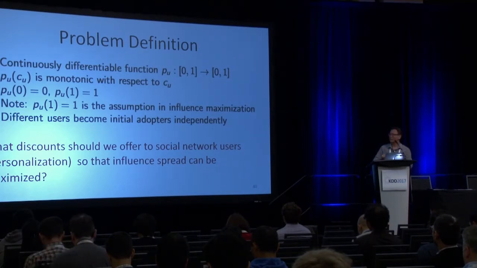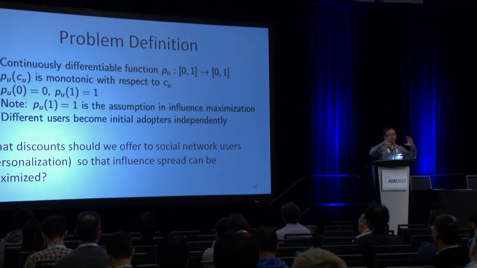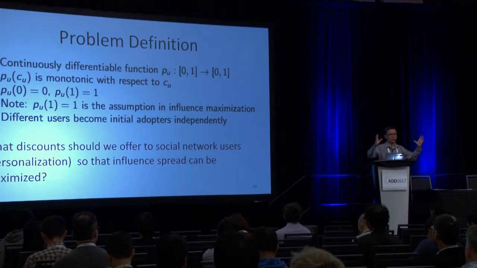Most of the time, they do. And then we want to compute for every user what customized or personalized discount rate I should offer, so that I can maximize the total amount of influence in the network.